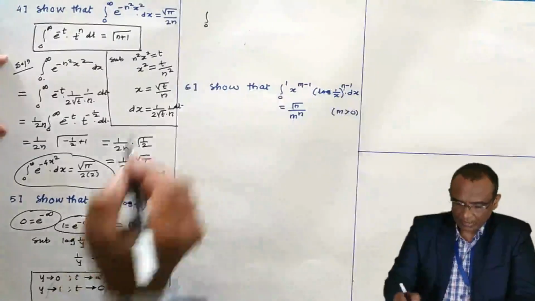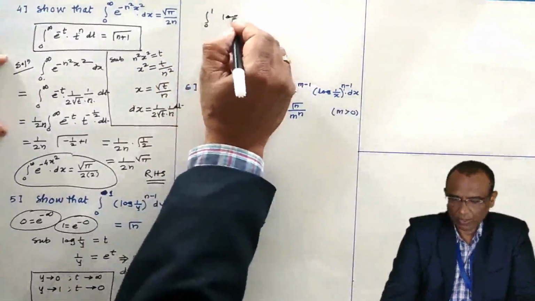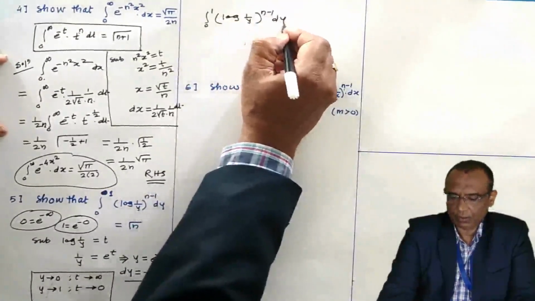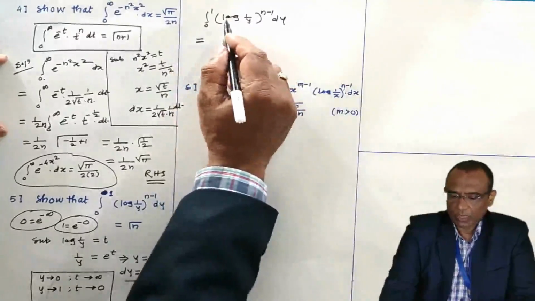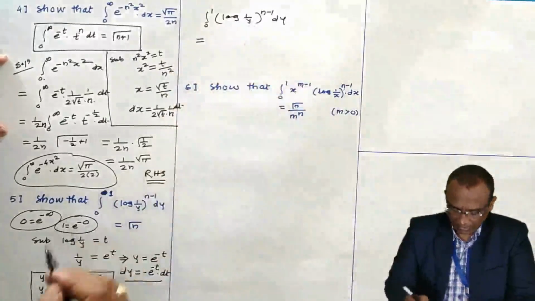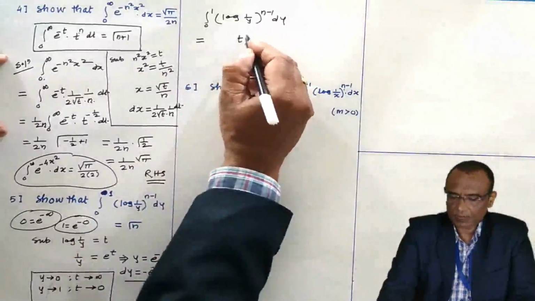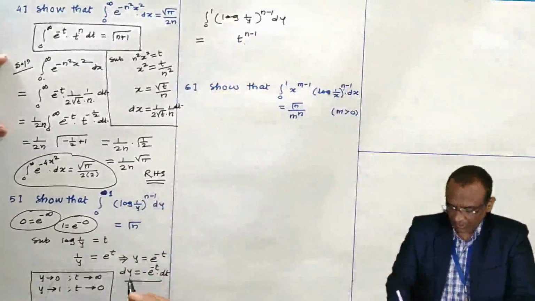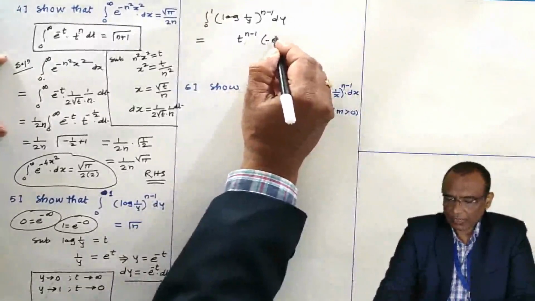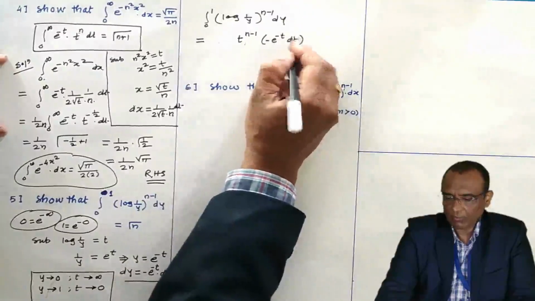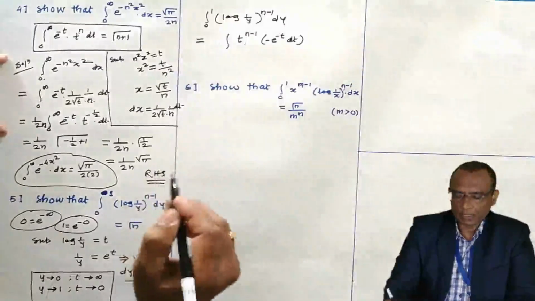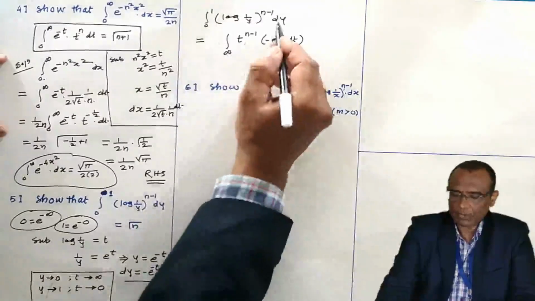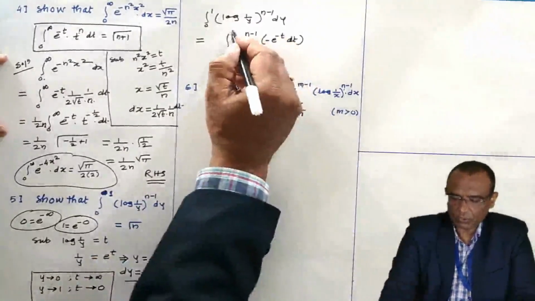So this integral I am writing 0 to 1 of (log 1 by y) power n minus 1. Okay. So I have substituted log 1 by y is equal to t, and the value of dy is minus e to the power minus t dt. This is the value of dy. Now the value of the integral, when y is 0, t is infinity, and when y is 1, t is 0.